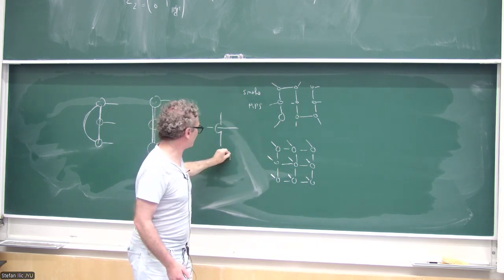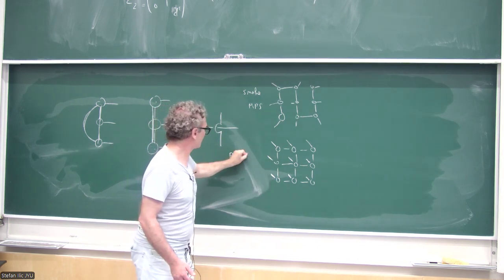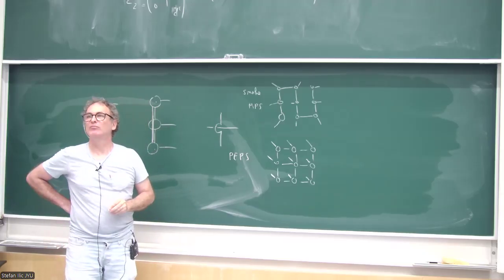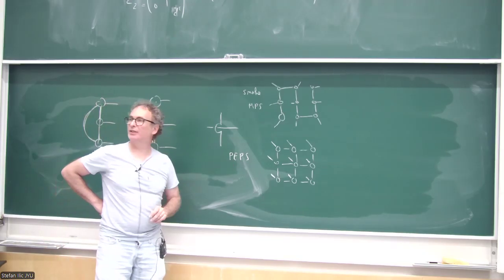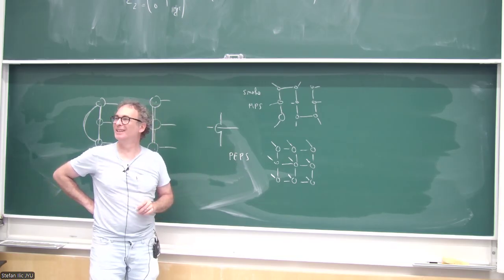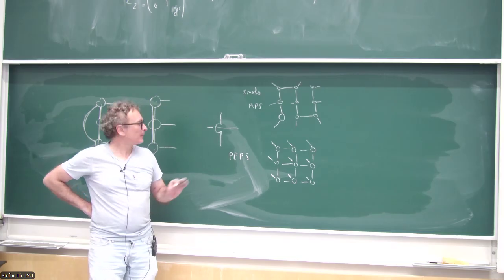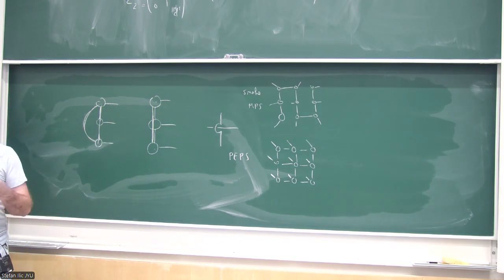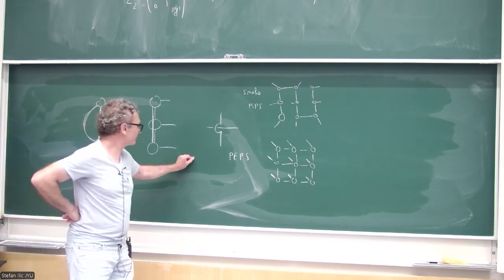And this is called a PEPS, S for state, P for projective, E for entangled, and the first one I can't remember. There are tons of other tensor networks, and you could also use trees.